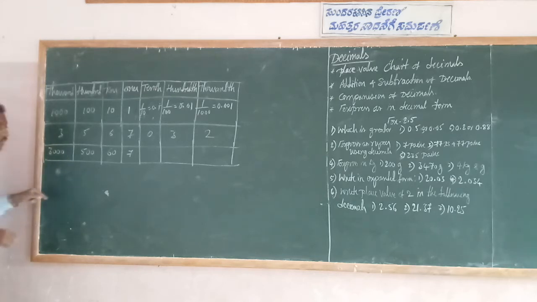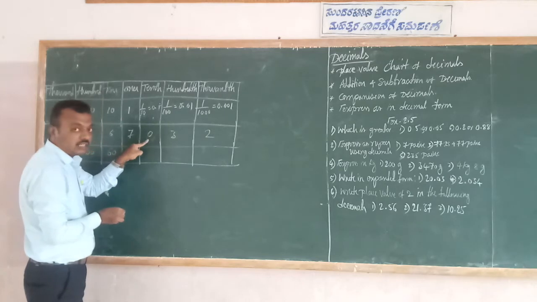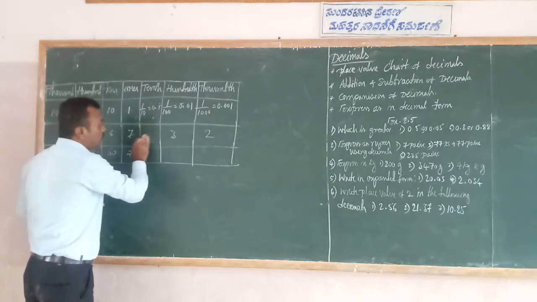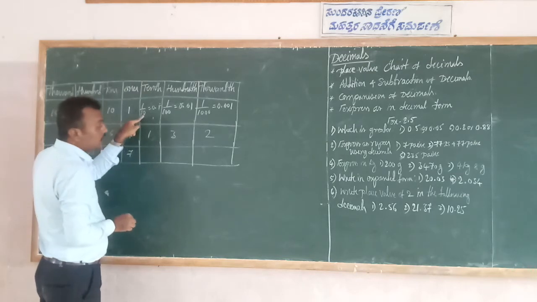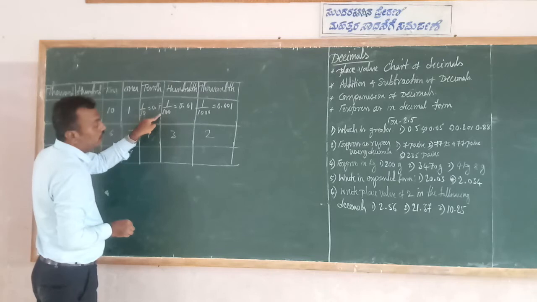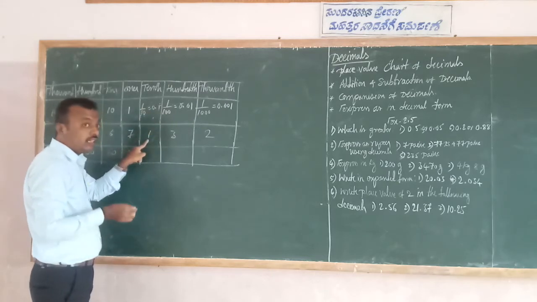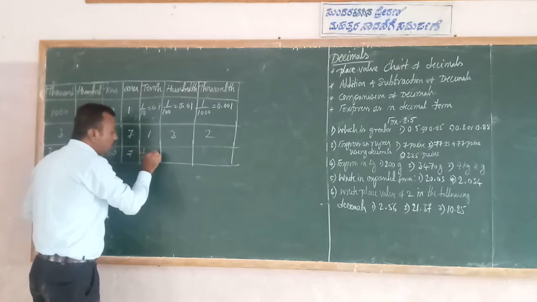Is it right? Next, come to the tenths place. What is the digit here? 0. The value of 1 in the tenths place is 1 by 10, or 0.1.